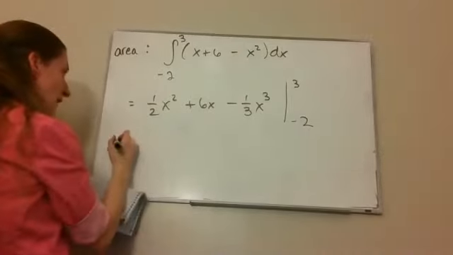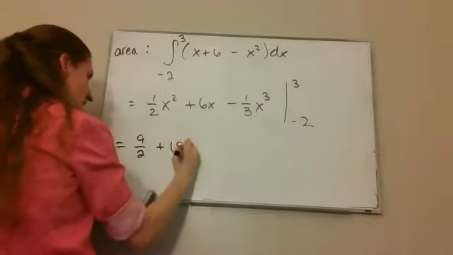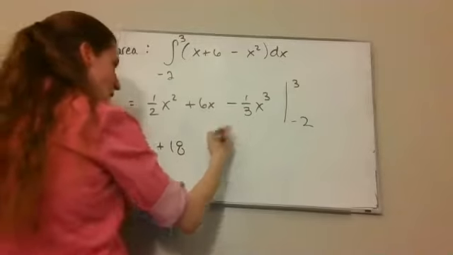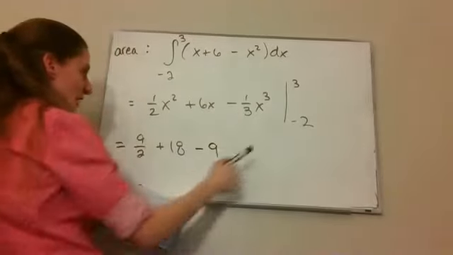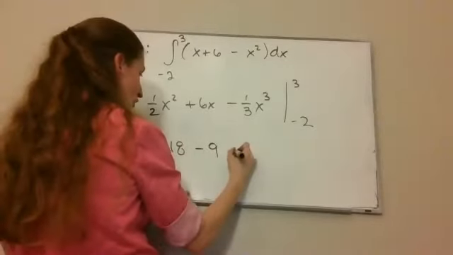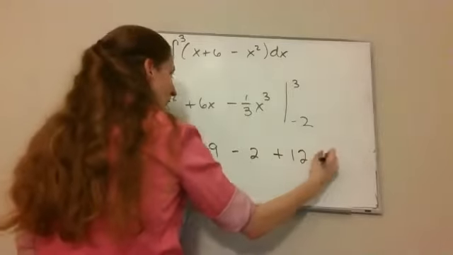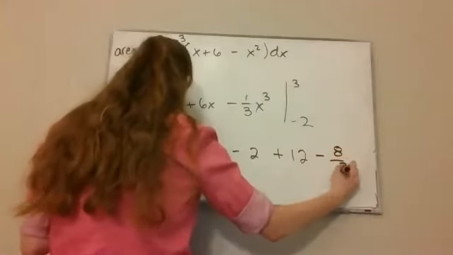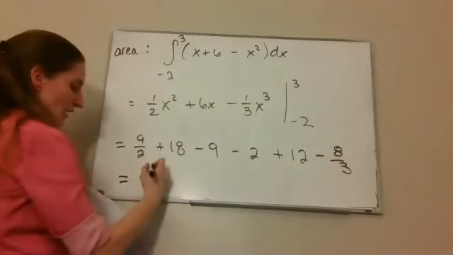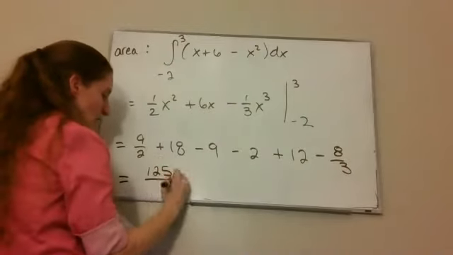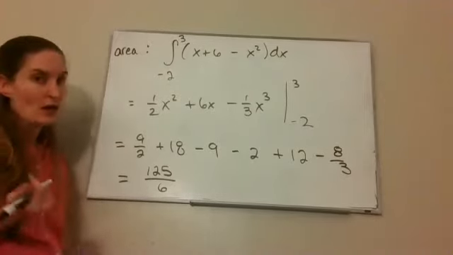If I plug in the 3, I'm going to get 9/2 plus 18 minus 1/3 times 27, that's minus 9. And now when I plug in the -2 and subtract the results, I get a -2, a +12, and a -8/3. If you get a common denominator and add all of those together, you will get 125/6 as the area of R.